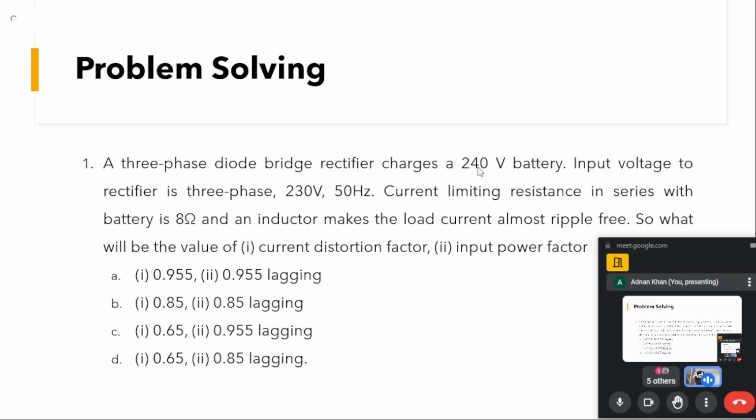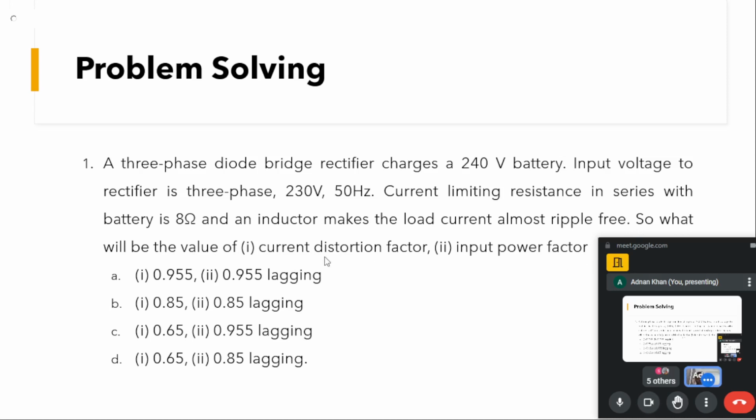So at the load we have a battery and series resistance, and also there is an inductor that makes the load current almost ripple free. So the load is an RLE load. What needs to be calculated is the current distortion factor and input power factor.